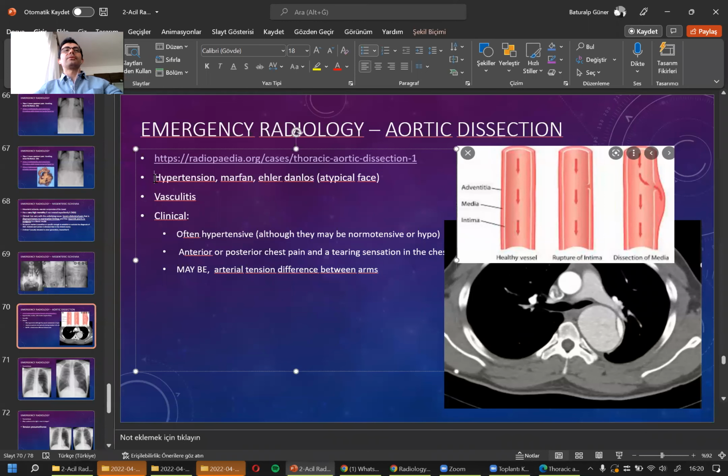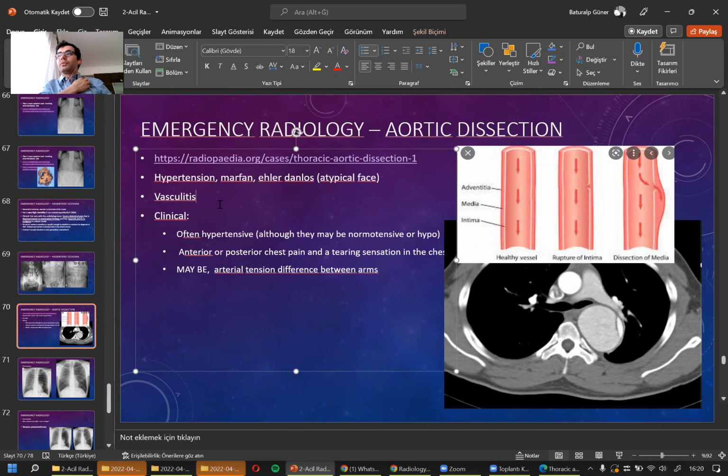So the patients can have hypertension, and always look for atypical face expressions like collagen vascular disorders or Marfan, tall stature, for example. And in case of vasculitis, for example, like Wegener's. And in case of aortic dissection, usually the arterial tension difference between arms can be diagnostic, but if the subclavian artery is not affected, for example, this kind of thing doesn't happen.